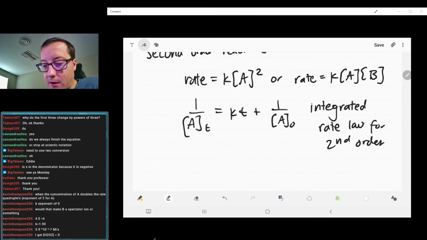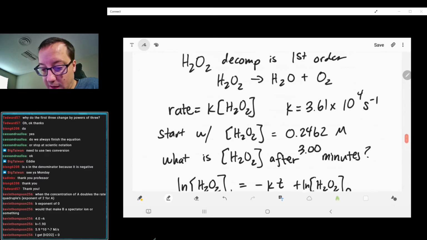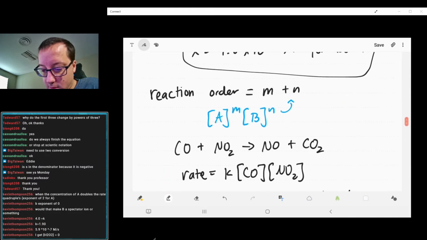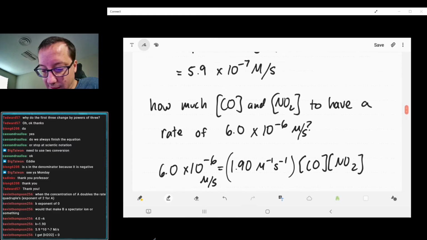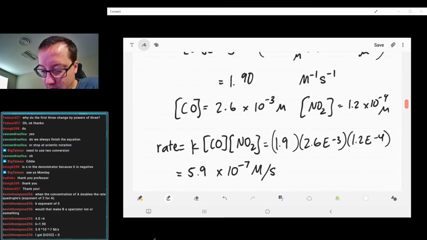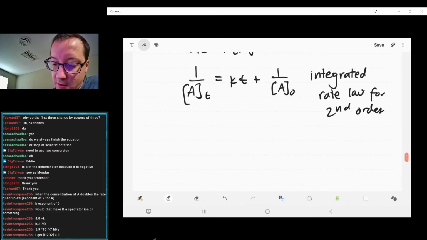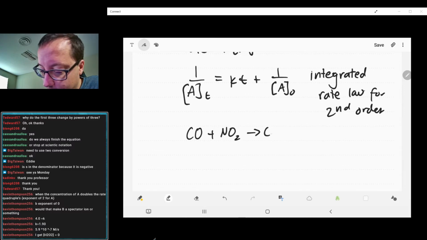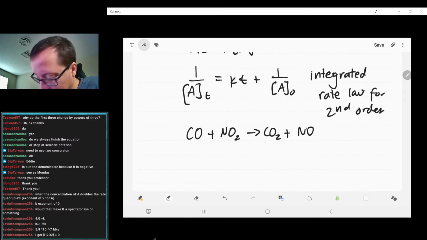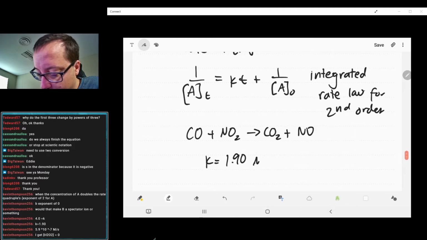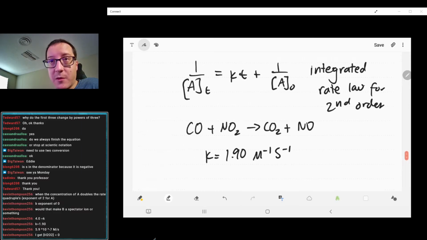Let's go ahead and zoom up here to get some data. We calculated K for this to be 1.9. We're going to use our same equation as before. We saw that K equals 1.9 per molar per second. Let's go ahead and do some math with this.